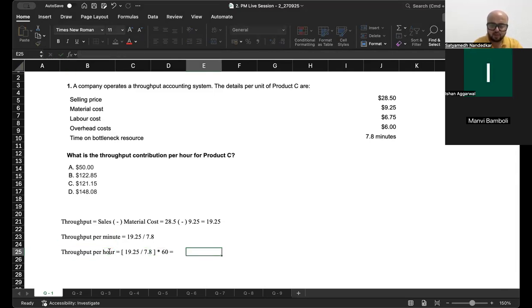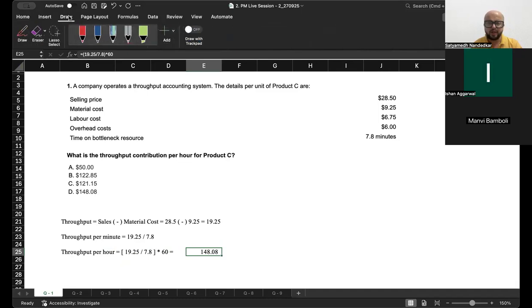Okay, so this is 19.25 upon 7.8. This is throughput per minute, but we want it per hour. How much will that be? That will be 148.08 because we first calculated per minute.